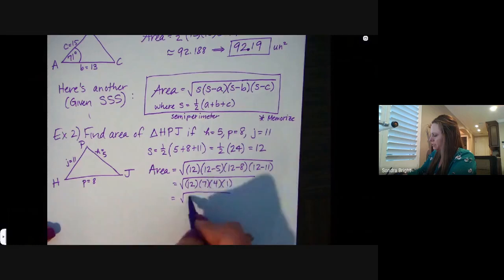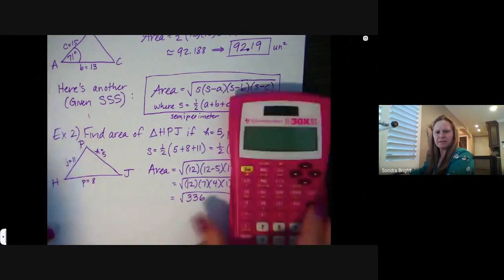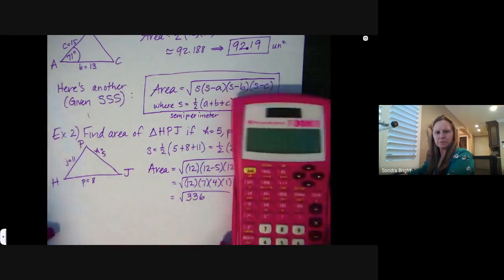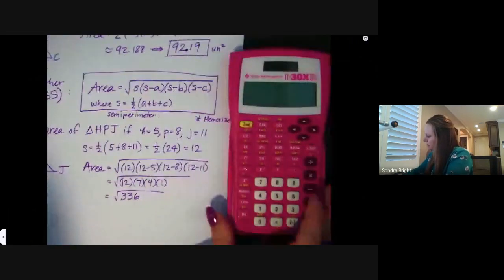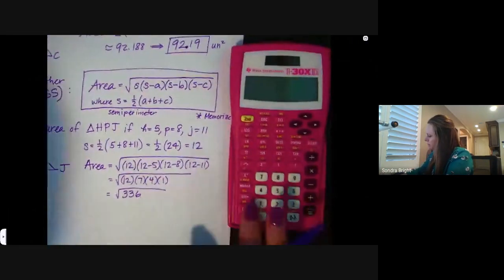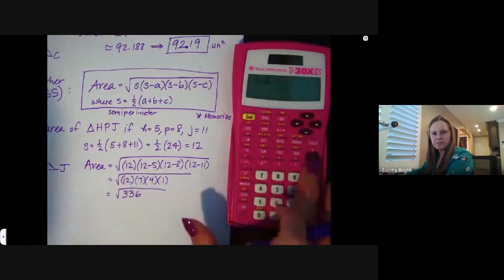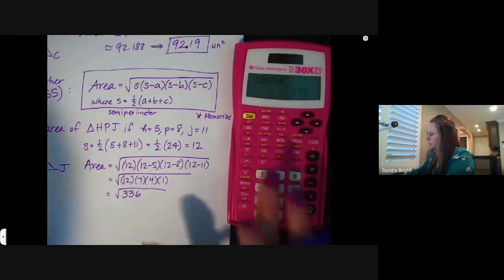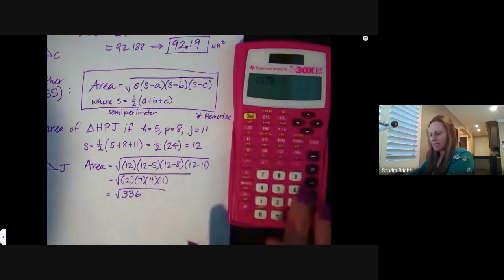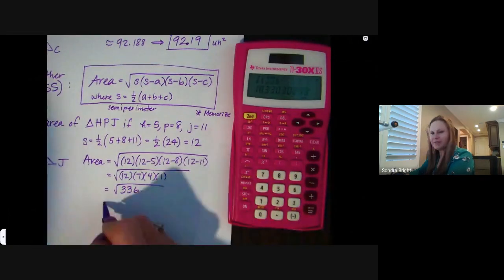336. All right. You could also put it in your calculator. Just watch your parentheses and stuff, but you can totally switch it over like that, not have to have done all of that. Let's see, 12 times 7 times 4, 336. Yep. Take the square root of 336, and I'm going to get about 18.330.